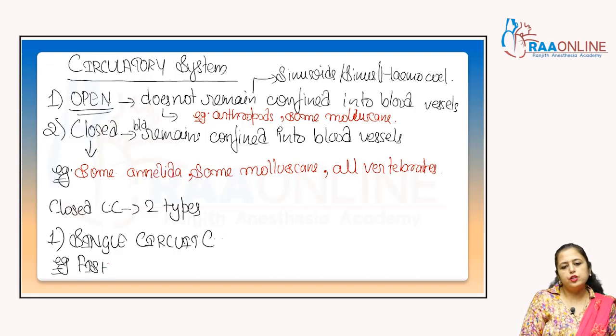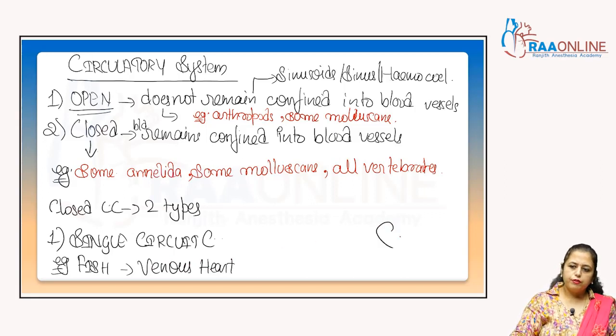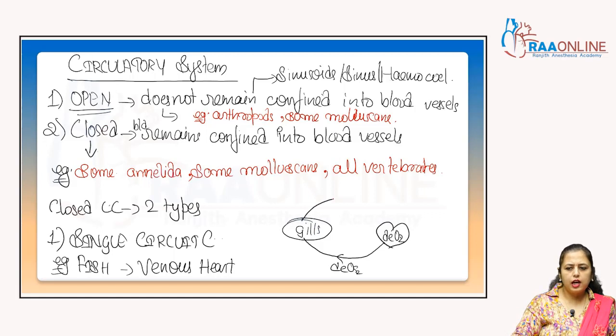Fish's heart is known as the venous heart. Why is it called the venous heart? Because fish's heart always carries deoxygenated blood, right? When that deoxygenated blood goes towards the gills, oxygenation occurs, and that oxygenated blood directly enters into the tissue, right?